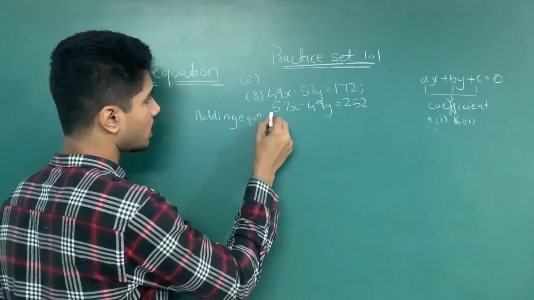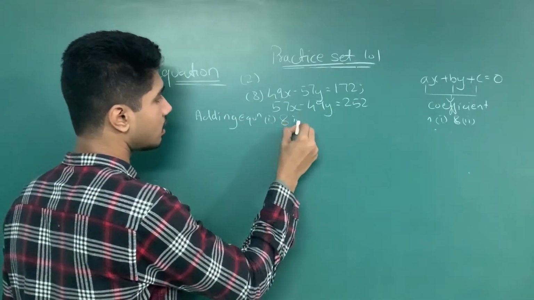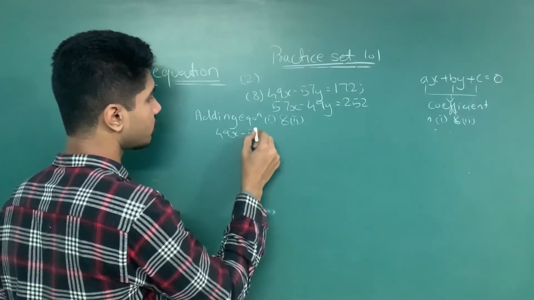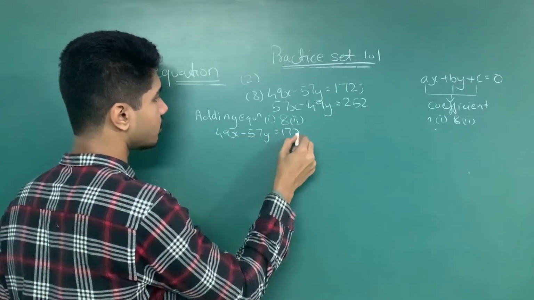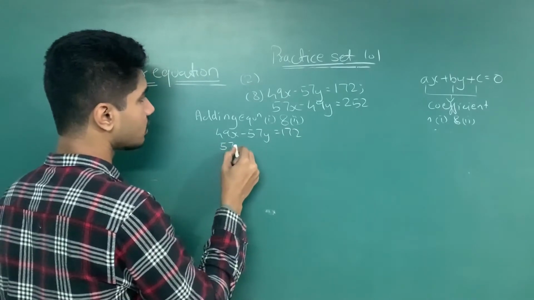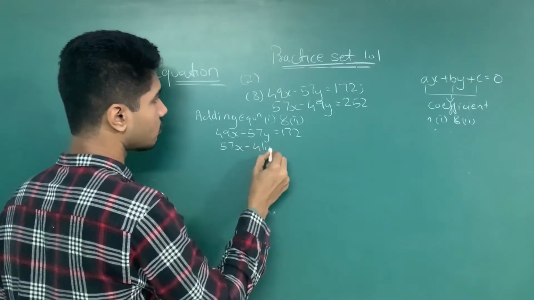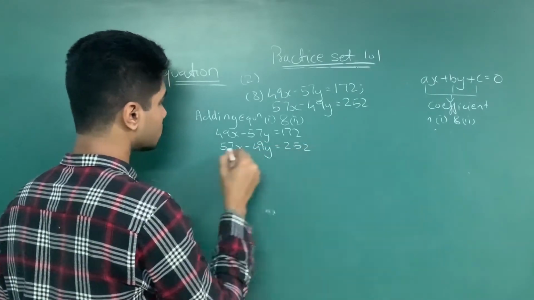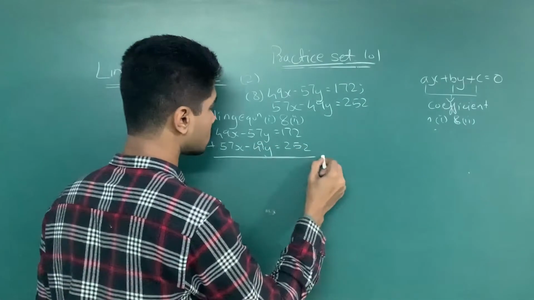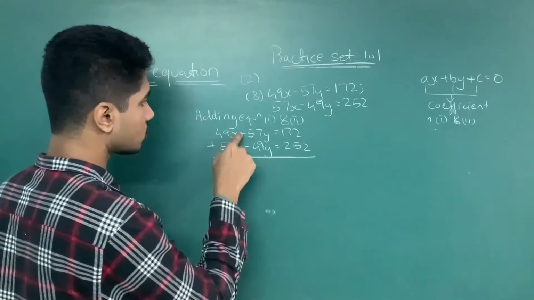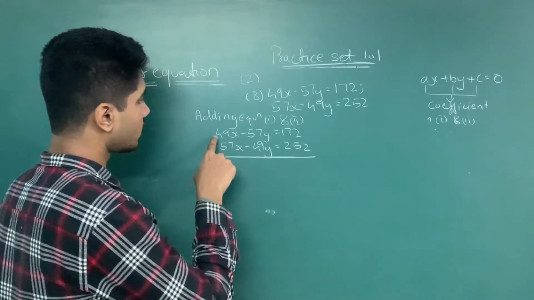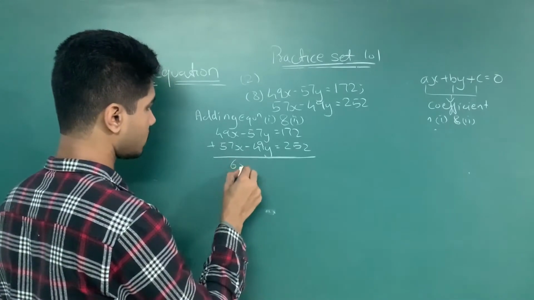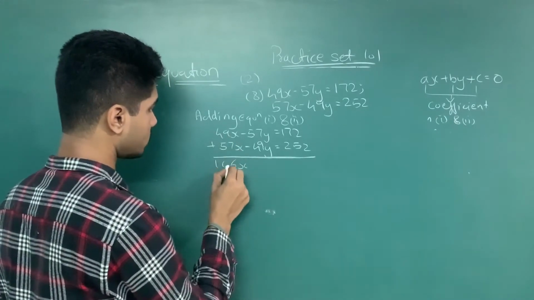equation 1 and 2. So 49x minus 57y is equal to 172 and 57x minus 49y is equal to 252. So you add this, both are subtraction. 49x, 57x, so this will give me 106.